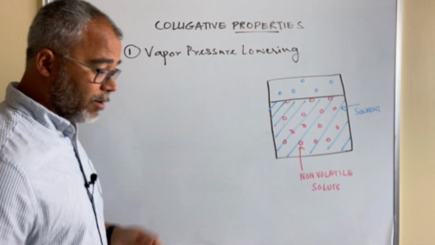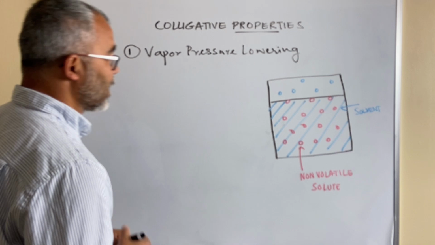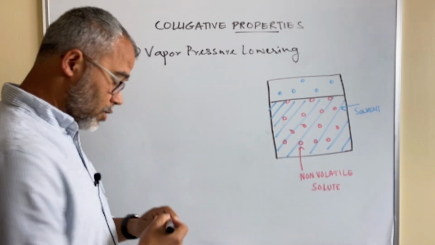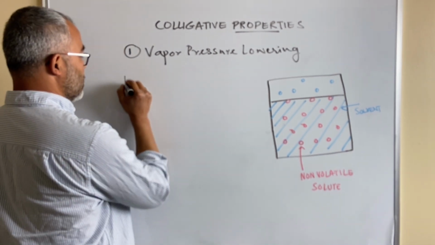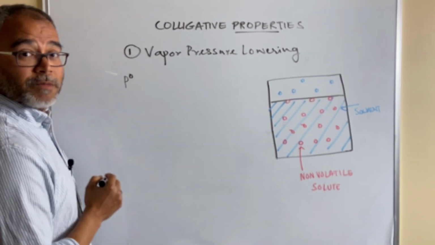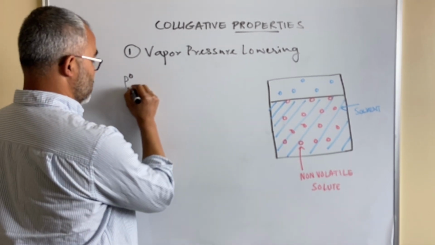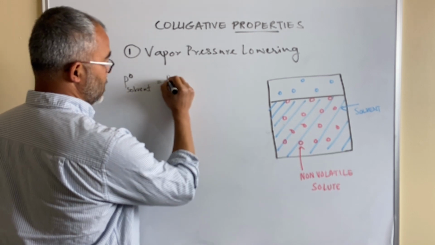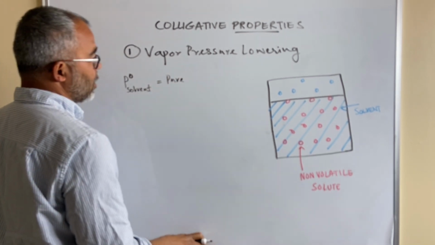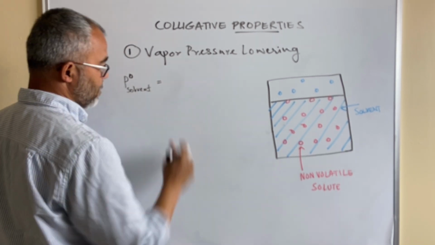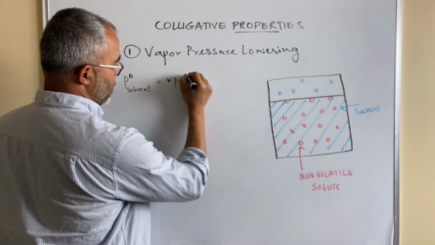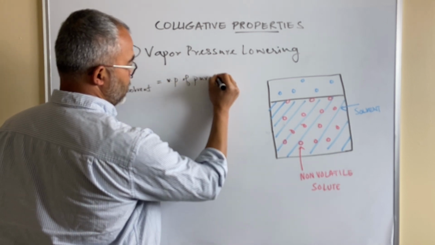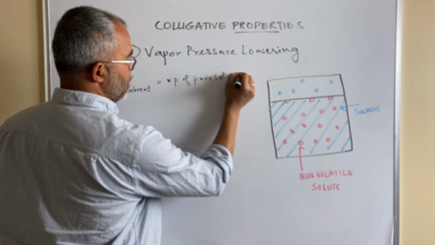So this lowering of vapor pressure, let's try to understand exactly. If it was a pure solvent, let's say the vapor pressure of the pure solvent is P naught. So we're going to say P naught is for the solvent. Let's call it the vapor pressure of pure solvent.